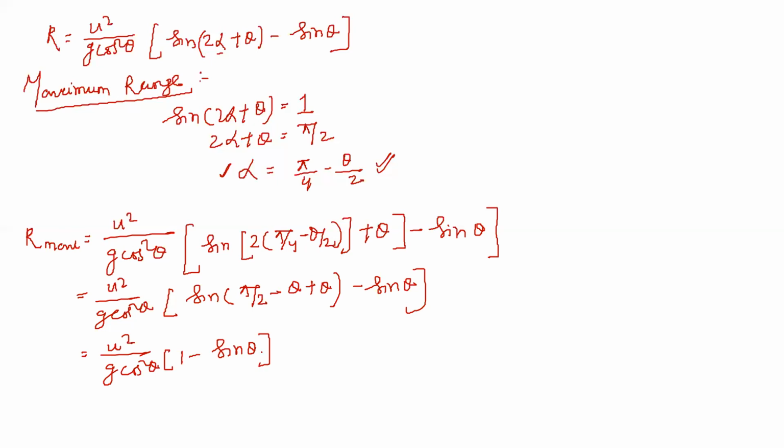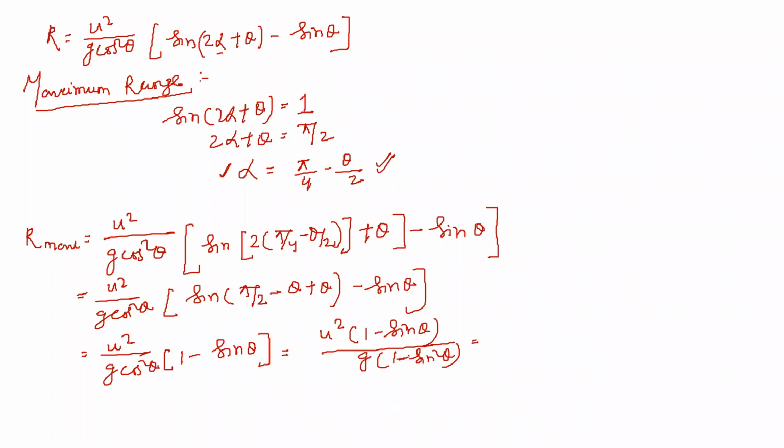Then we can also do one thing. Cos square theta is equal to, students, how much? 1 minus sine square theta. So I can also write u square into 1 minus sine theta divided by g into 1 minus sine square theta. And you know a square minus b square is a plus b into a minus b.